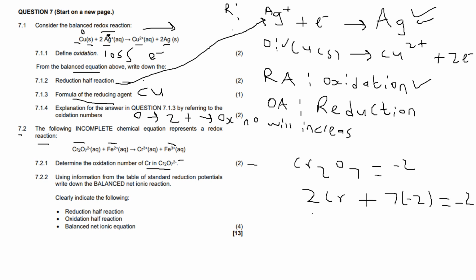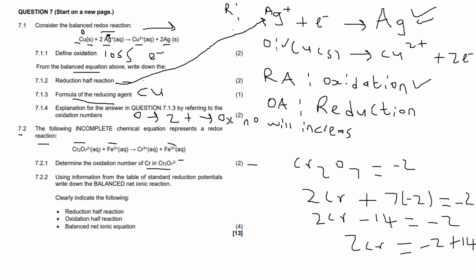Now just simplify this. This will be 2Cr, and then 7 times minus 2, that's minus 14, and the whole thing equals minus 2. From there, it's going to be 2Cr, and the minus 14 goes to the other side, so it'll be minus 2 plus 14, because the sign will change.